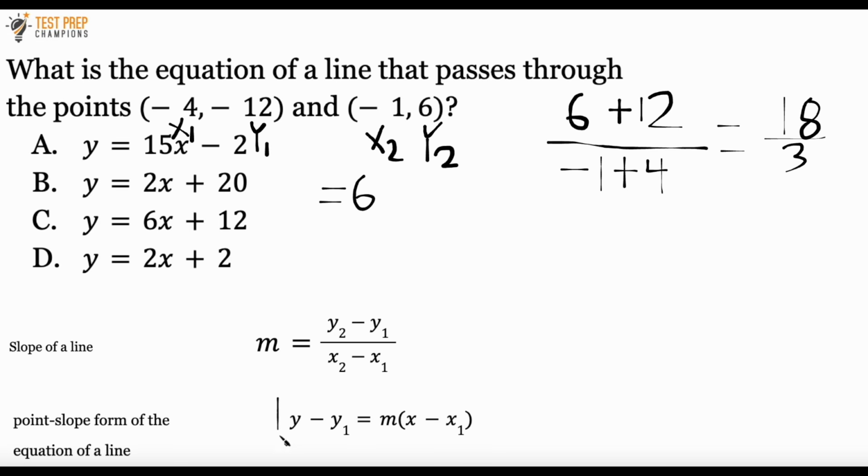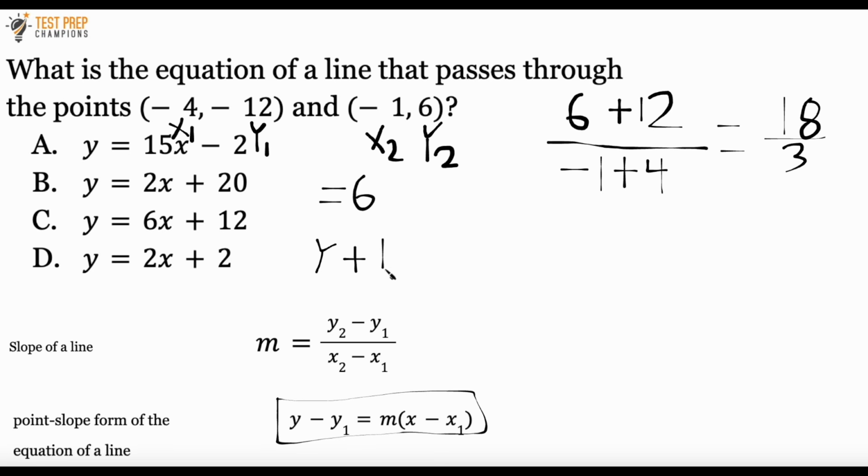So now that I know the slope, I'm going to come down to this point slope form of the equation of a line. And I'm just going to plug in the numbers to start us off here. So I write my y minus y1, and we know that y1 is negative 12. So minus negative 12 is the same as plus 12.